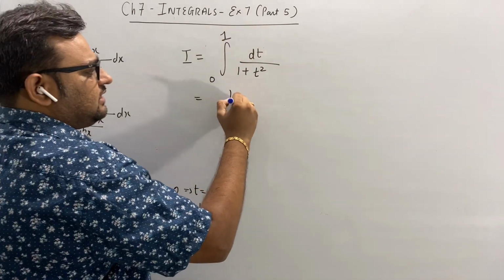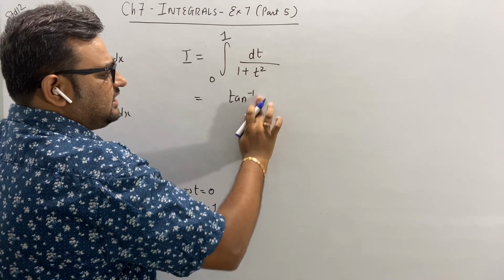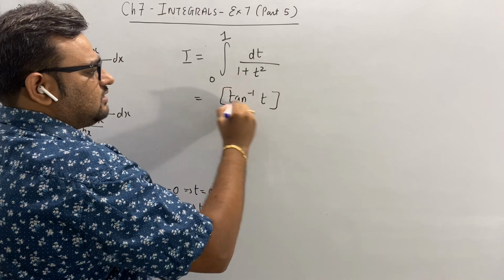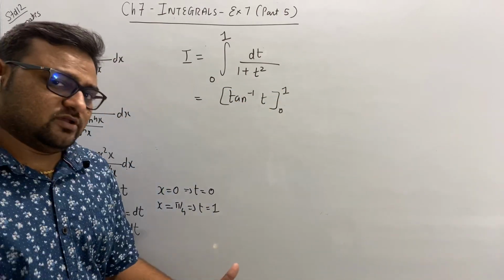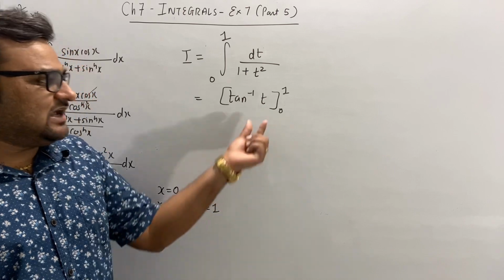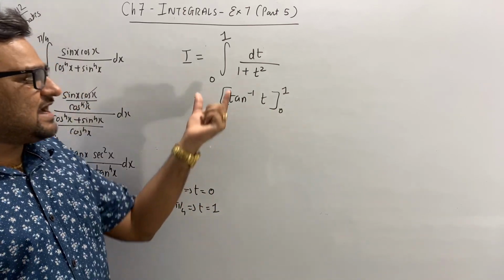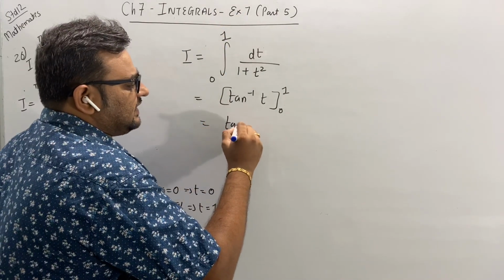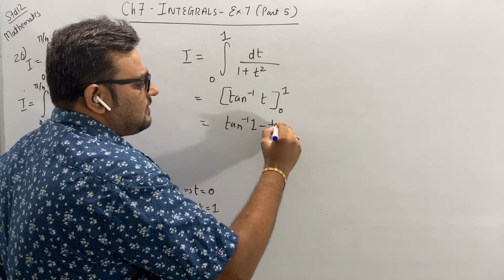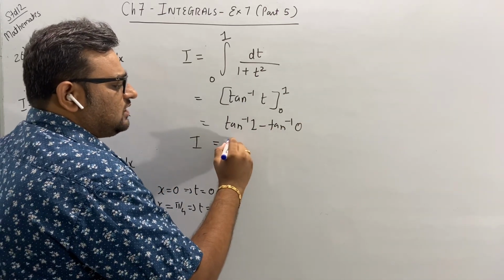So this will be tan inverse t from 0 to 1. Now see, this is definite integration, so no need to replace the value of t again into x. We have directly changed the upper and lower limits. So this will be tan inverse 1 minus tan inverse 0. What is tan inverse 1?